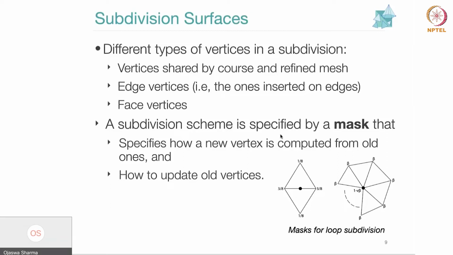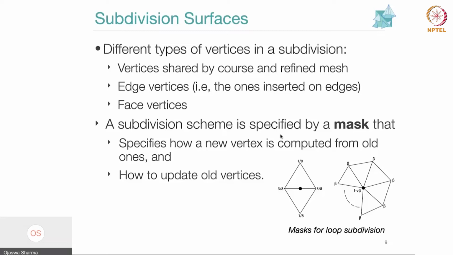Usually a subdivision scheme, you could define using matrices, but it's quite handy to specify the subdivision scheme by a mask. And there are usually two types of masks that are specified. One mask specifies how a new vertex is computed from old ones.